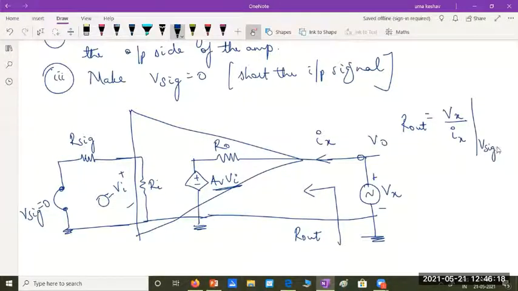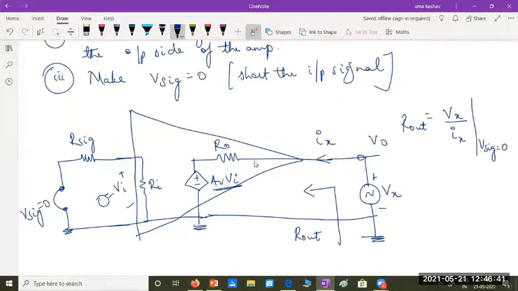This is always found when Vsig is 0. So please remember, the input signal is made 0 whenever you are finding the output resistance. And you remove the load on the output side and you assume you are connecting a voltage source sending a voltage Vx and current Ix into the circuit.